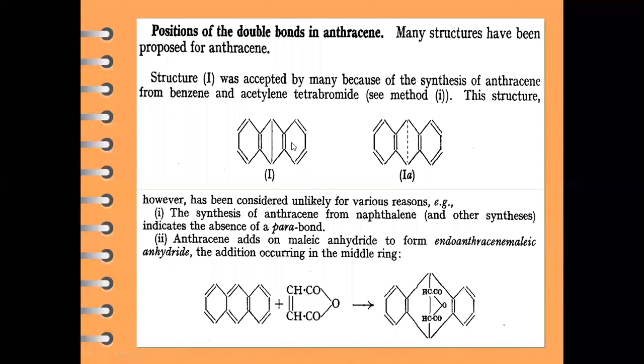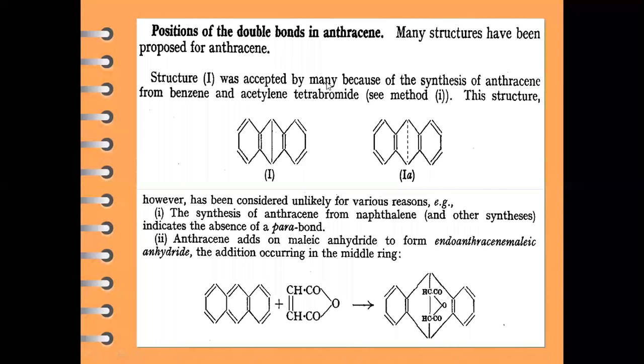While determining the structure of naphthalene, we discussed the 2 benzene rings, but here the fused middle ring will form the stable benzene rings. So this one is the more acceptable structure of anthracene.